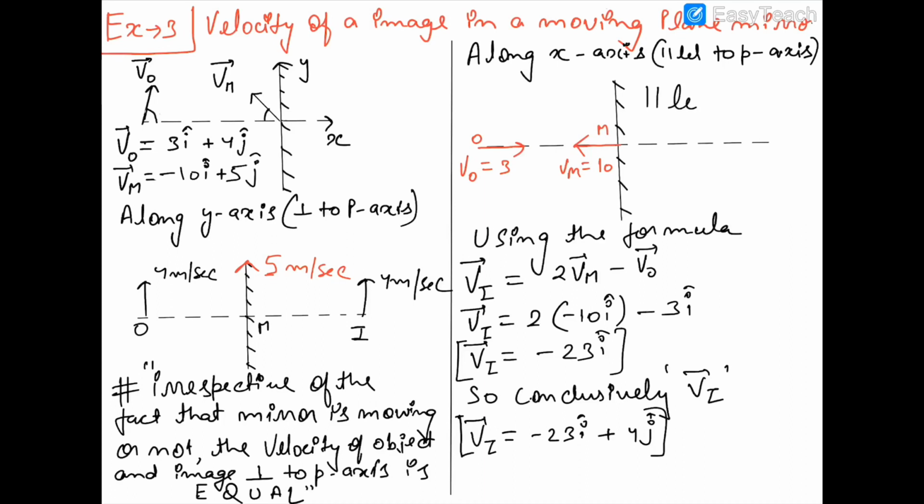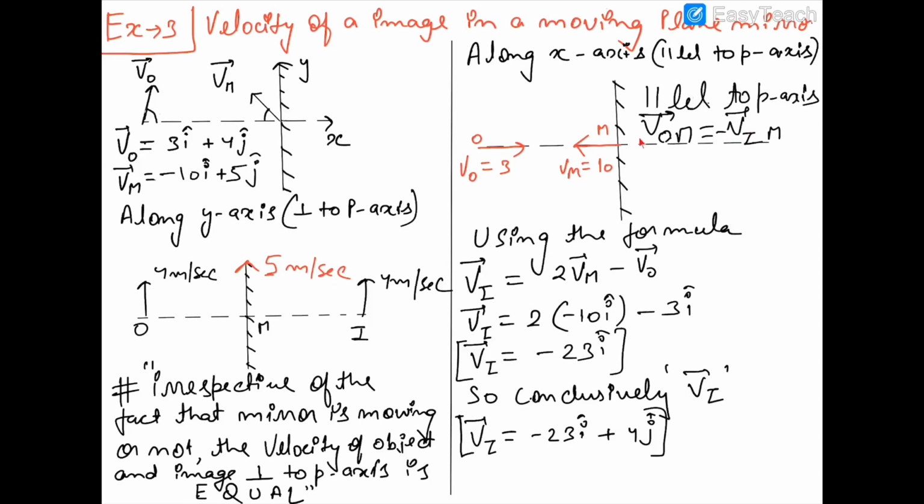Parallel to the principal axis, VOM is equal to VIM with a negative sign, which means the velocity of the object with respect to the mirror is equal to the velocity of its image with respect to the mirror, but with a negative sign, which means that these two velocities relative to the mirror are equal in magnitude and opposite in direction.